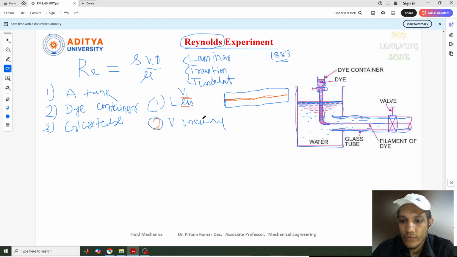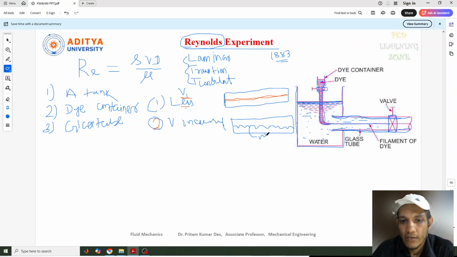Now in this case, suppose this is the glass tube. The filament of the dye is going to change like this. That means this filament is a wavy type, with up and down.